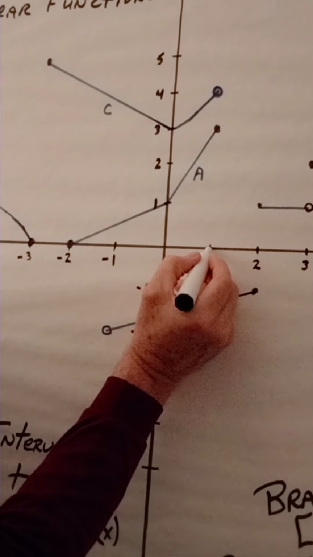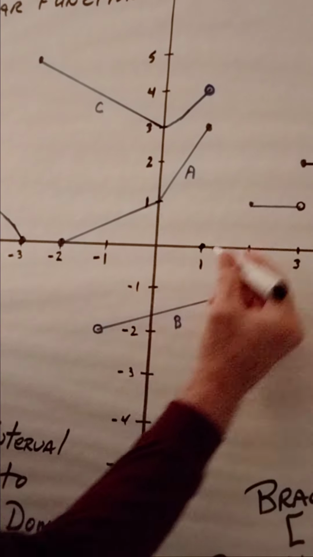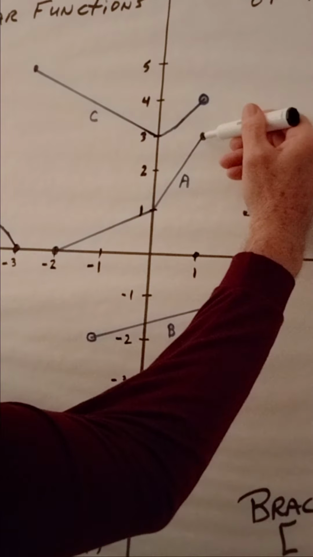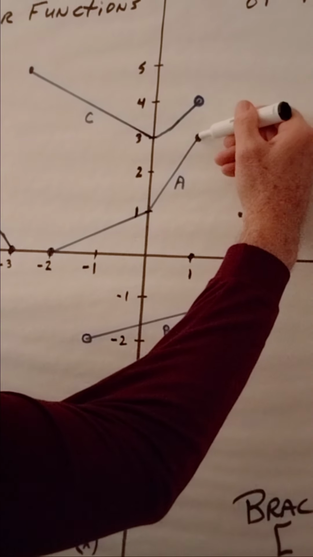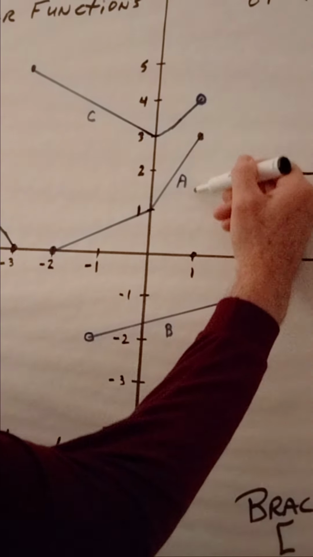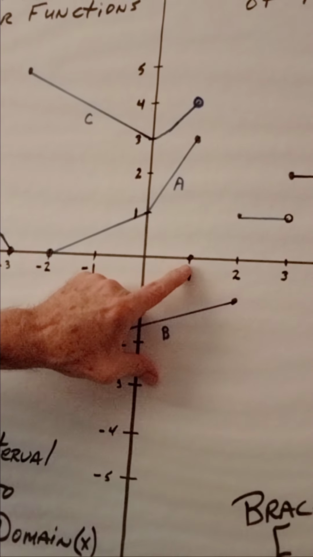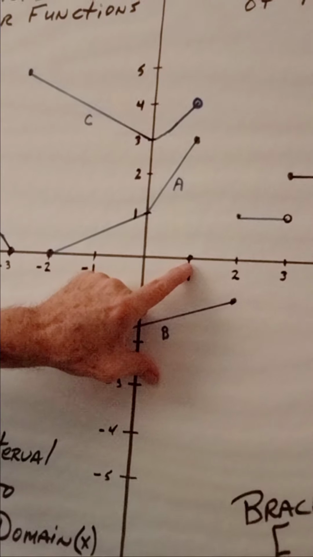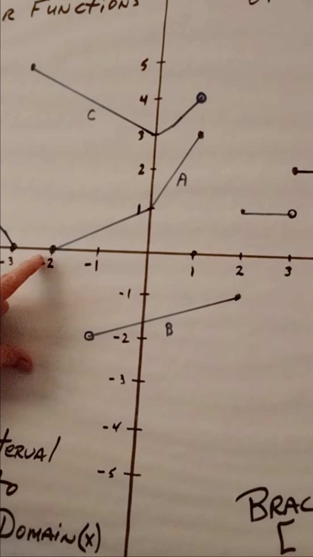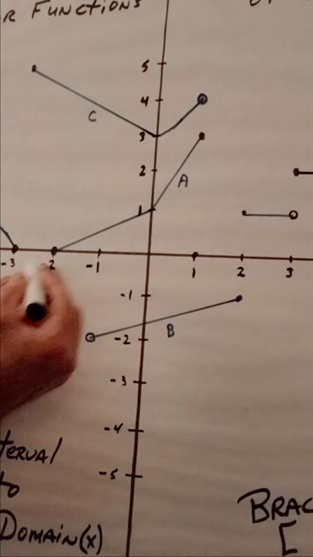This positive 1 right there, which is associated with that endpoint, is the final point that's going to come down. So the largest domain value is 1, and the smallest domain value is -2.